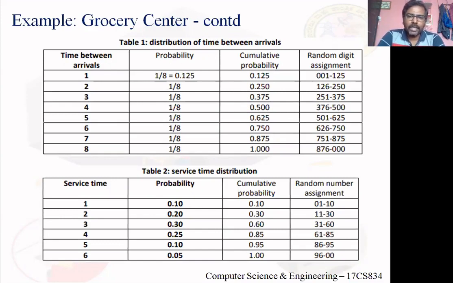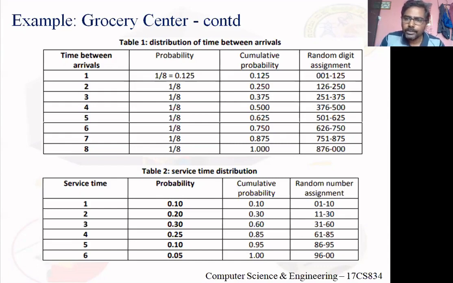The first column is very clear: inter-arrival times, possible values 1 to 8. The next column is the probability. I repeat, the probability of each of these 8 inter-arrival times is the same, that is 1 by 8.